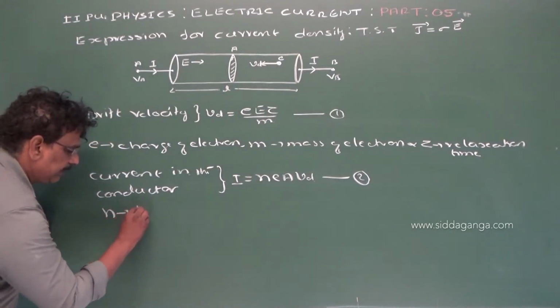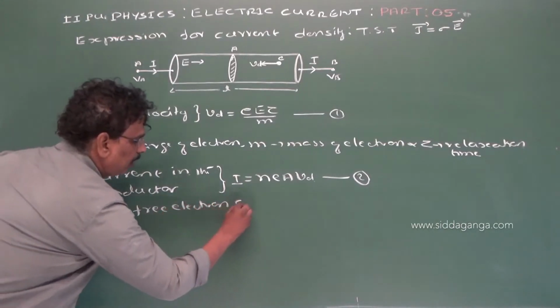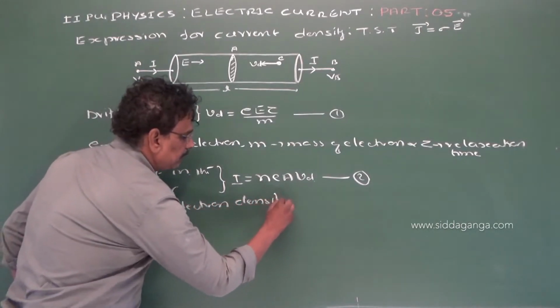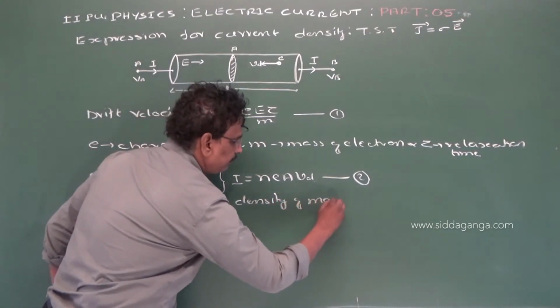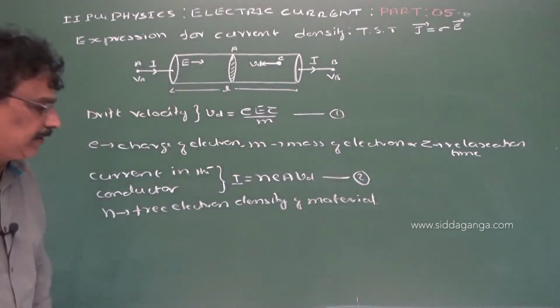Here n is the free electron density of the material.